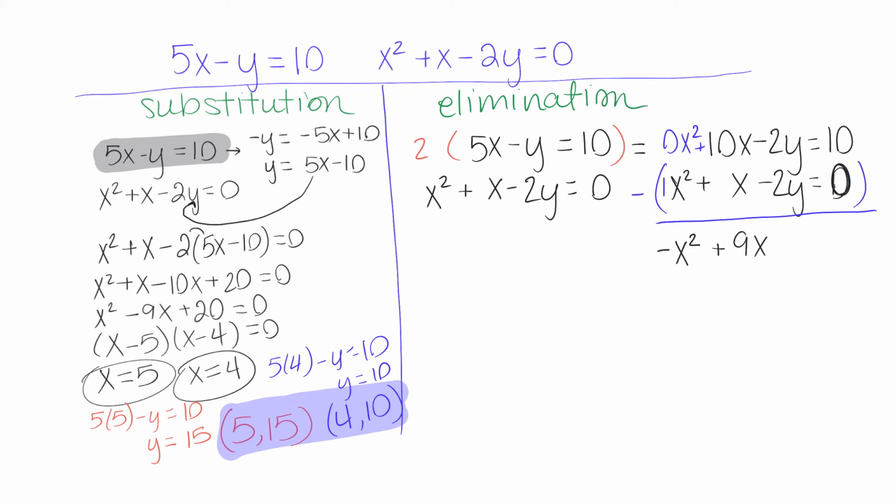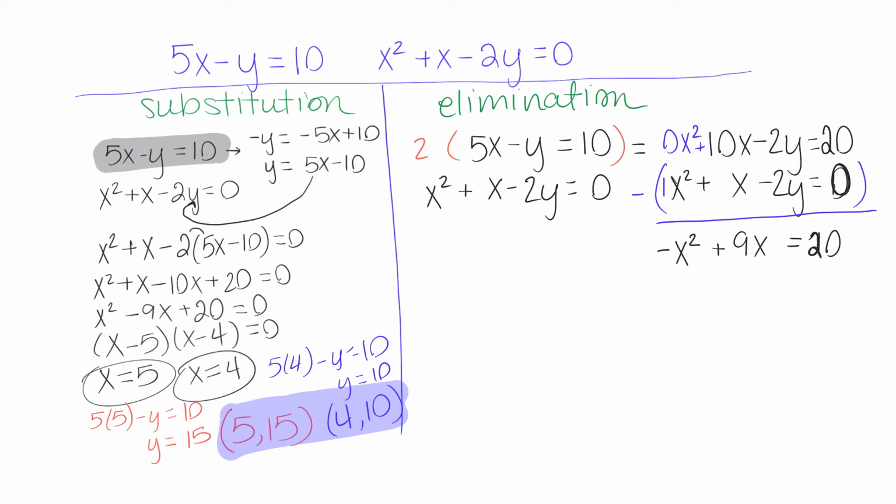My 2y is gone because negative 2y plus 2y is nothing, equals 10 minus 0 is 10. Okay. Oh, hey, I goofed. That's 20, isn't it? Man, my subtraction, I forgot to multiply back here, my 2 times my 10, 20.